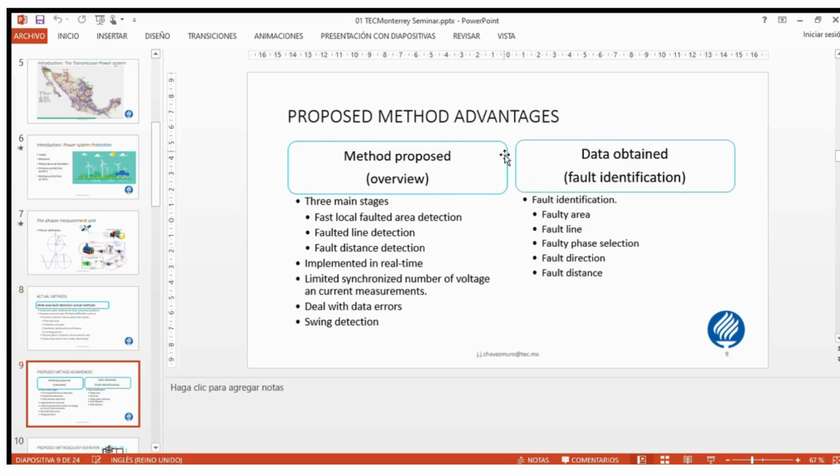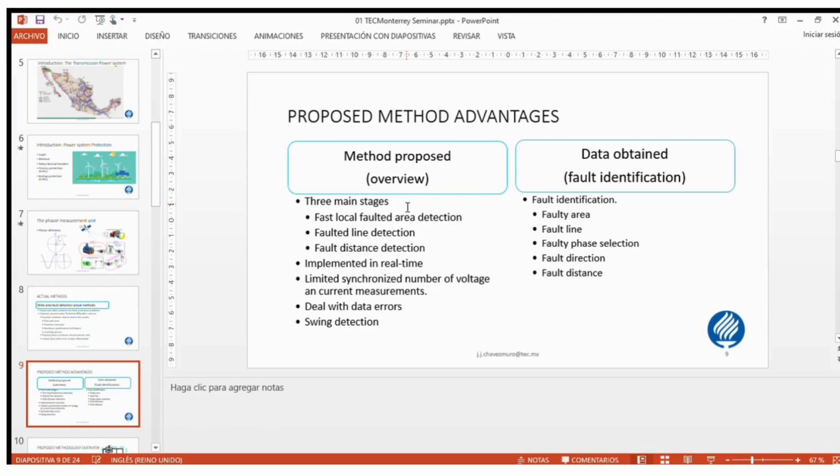Okay, the methodology that we are proposing is split in three main stages. That's because we want to decrease the computational burden. I'm speaking about data, but we sometimes don't understand how many data we have in the system.